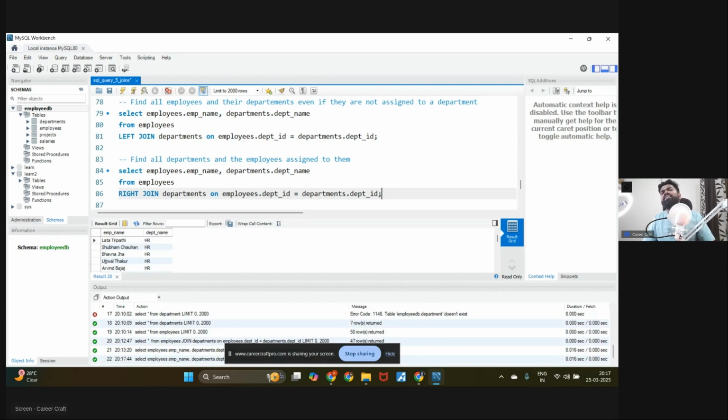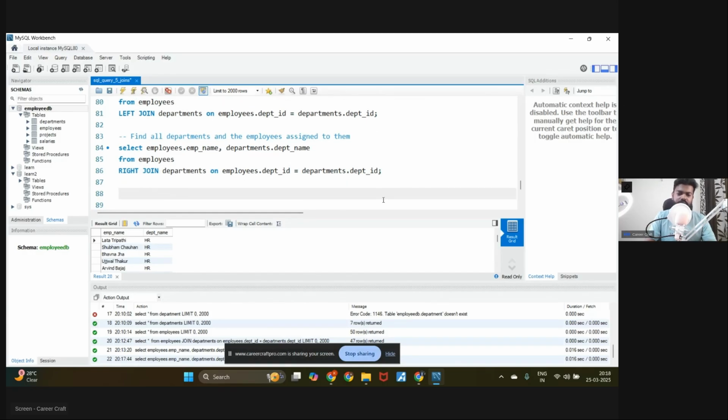Now should I raise the bar? A little tougher question. Okay, I'll give you three questions. First, find employees who don't have salary data.